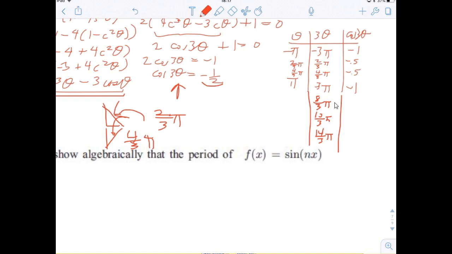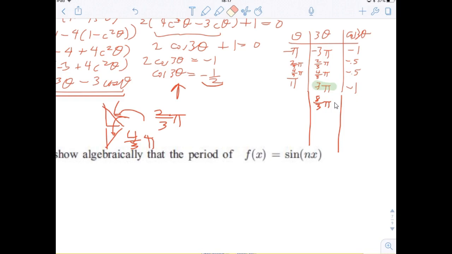So we don't want that one. And actually, what about 10/3 pi? 10/3 pi is also bigger than the maximum value of 3 pi, so we're going to get rid of 10/3 pi too. So we're left with 8/3 pi there.